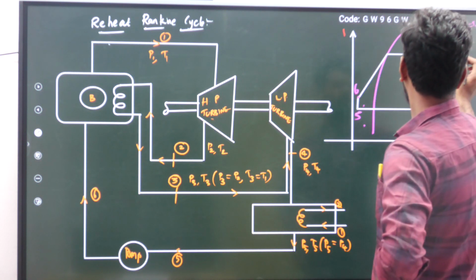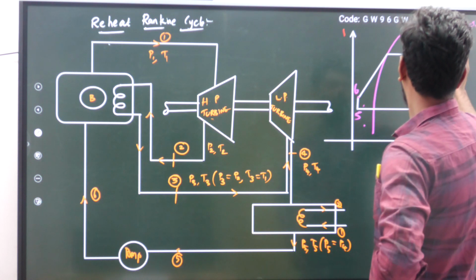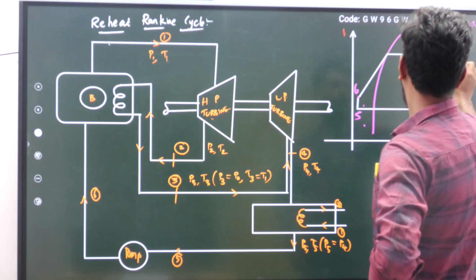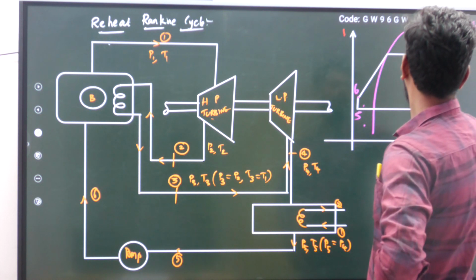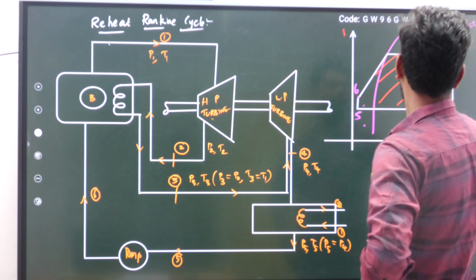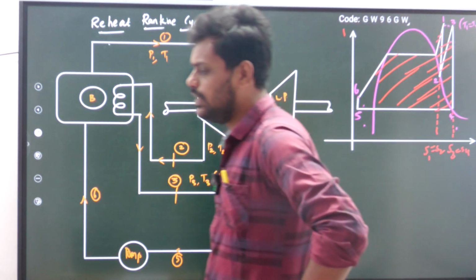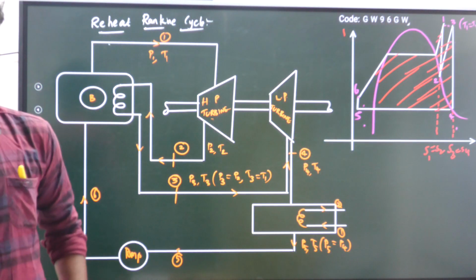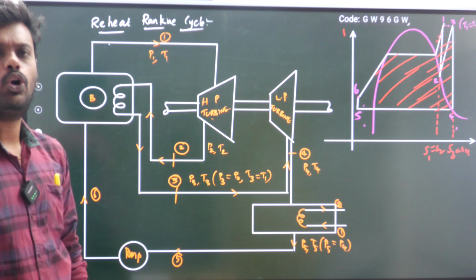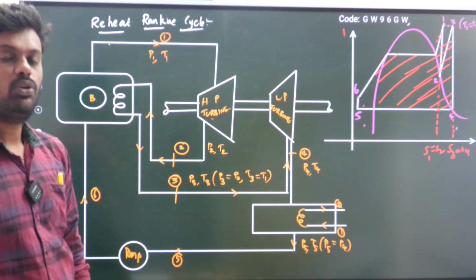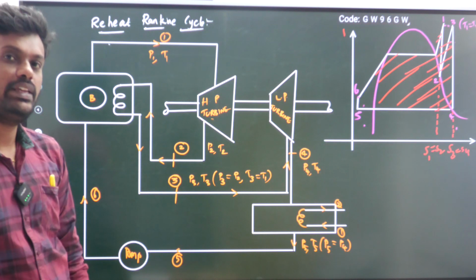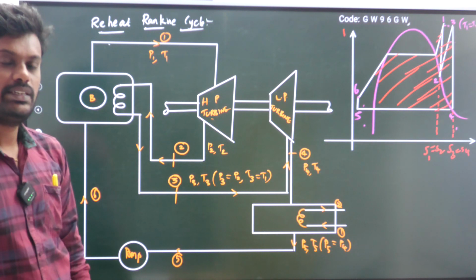You see this diagram, you take this area, you see, the area is increasing, so the work output is increasing. When we increase the work output, the efficiency value will increase. This is how the efficiency is increasing.